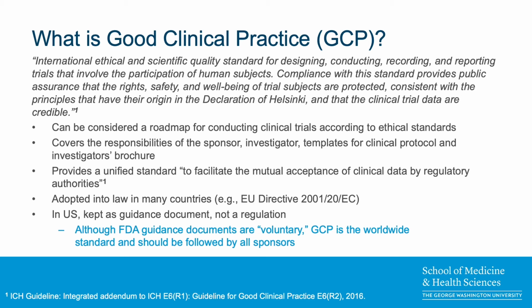So it's the criteria, if protocols are conducted in accordance with it, that should ensure that health authorities can approve the products. It has the force of a law in many countries, but in the US it's a guidance document. I just want to make a comment about what a guidance document is in the FDA. It's considered to be voluntary. However, with respect to GCP, this is the worldwide standard and really should be followed by all sponsors.